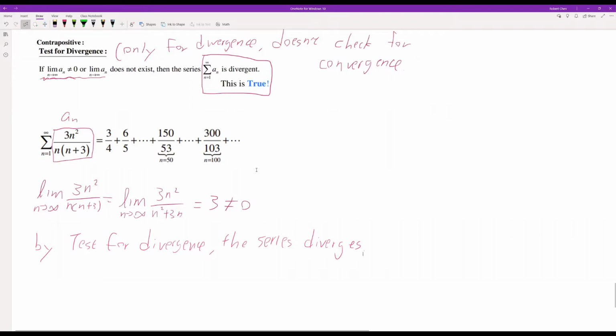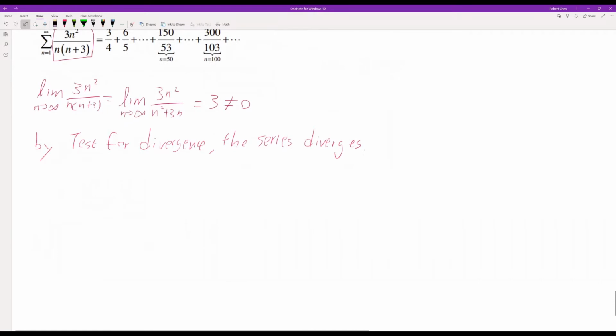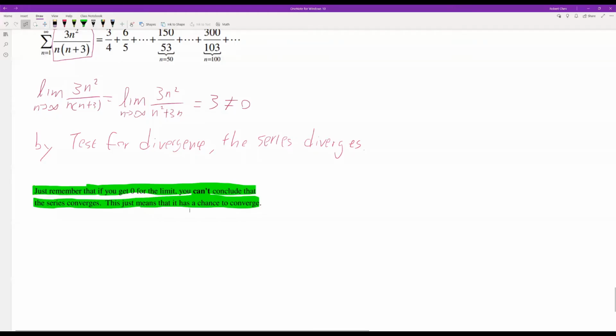Now, here is one little thing you have to be very careful of when you are doing the test for divergence. If you do get a 0 for the limit, you cannot conclude that the series converges. It just means that it has a chance to converge.